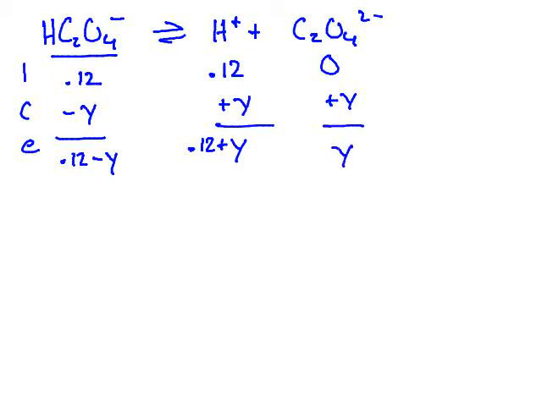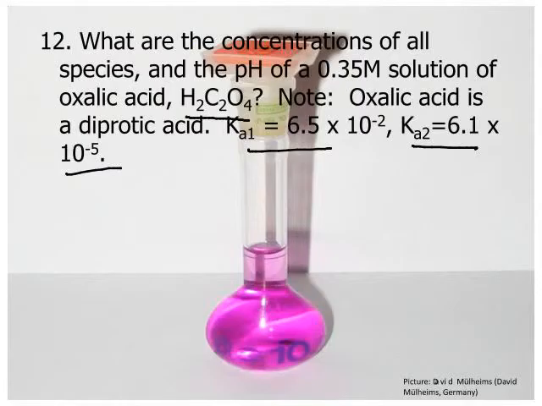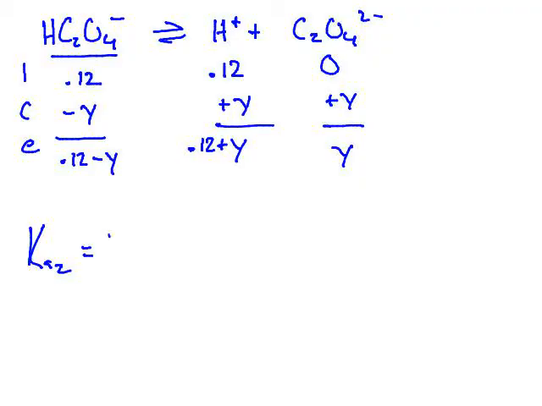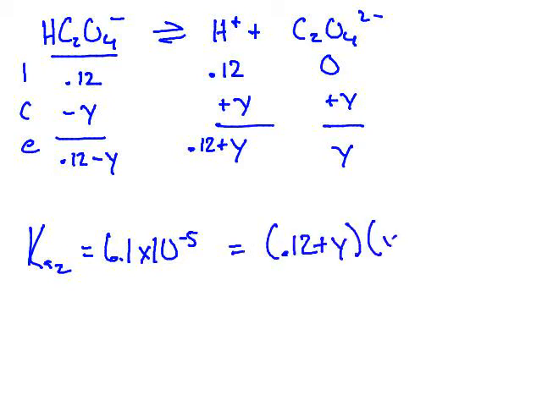Now I'm going to use the Ka2, and the Ka2 is 6.1 times 10 to the minus 5. And that's going to be products over reactants, or 0.12 plus y times y over 0.12 minus y.